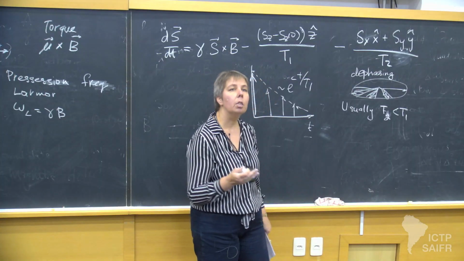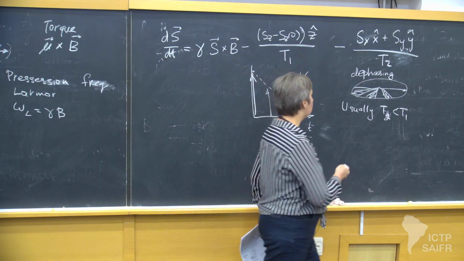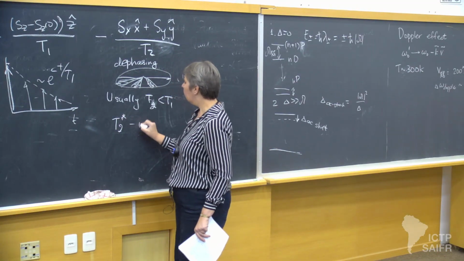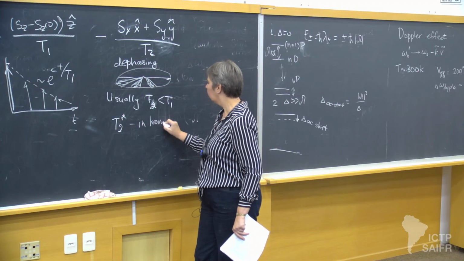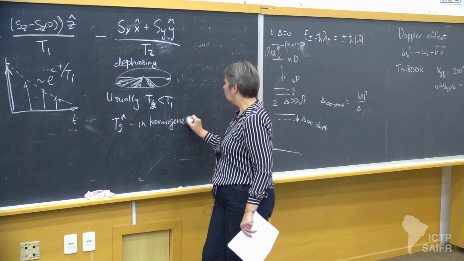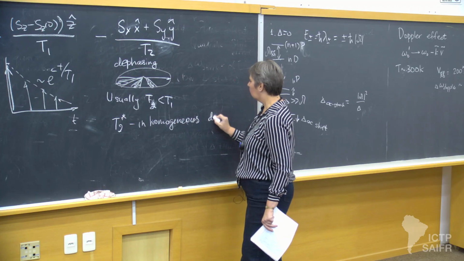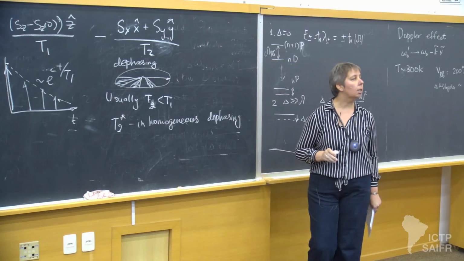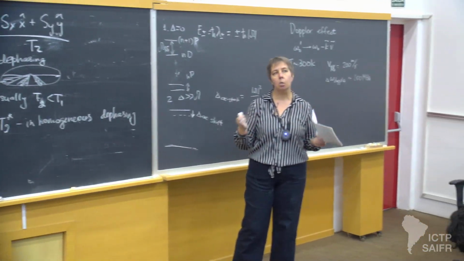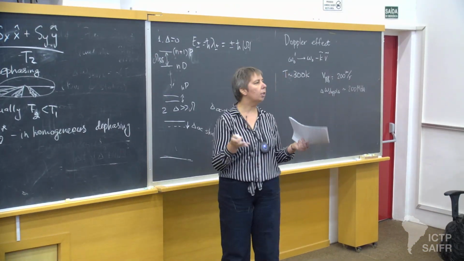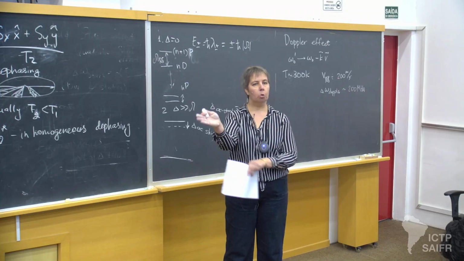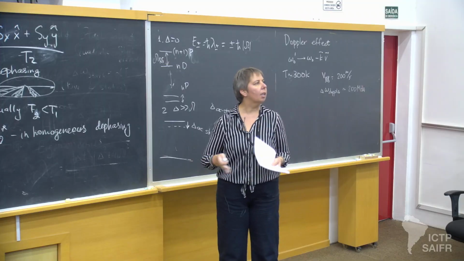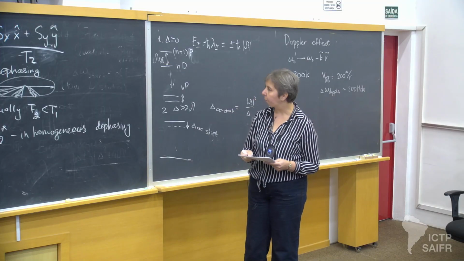And even worse, if you have many different atoms, you can have what is called a T2 star. And this is the inhomogeneous one. What inhomogeneous means is that it will be different for different atoms. The easiest one to visualize is if you have an inhomogeneous magnetic field. So your spins, depending on their location, are going to precess slightly differently, and that's going to decohere things as well.